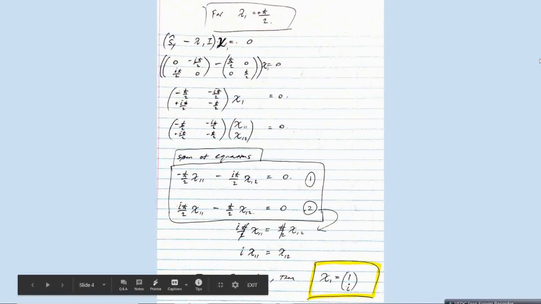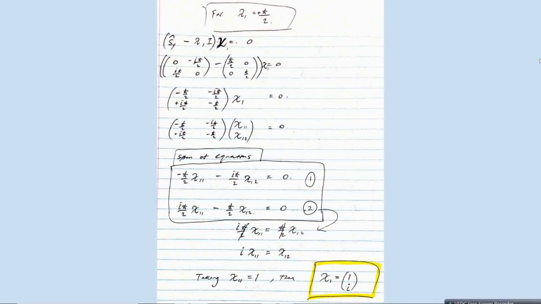Now we want to find the corresponding eigenvectors for each of the eigenvalues that we found previously. Starting with lambda 1 equal to plus h bar over 2, we can plug this into the following equation, which is Sy minus lambda 1 I, all multiplied by chi, where I is the identity matrix, lambda 1 is the eigenvalue, and chi is the eigenvector.